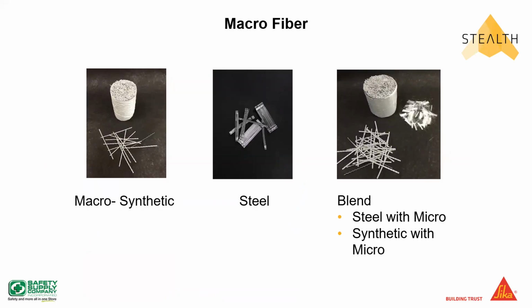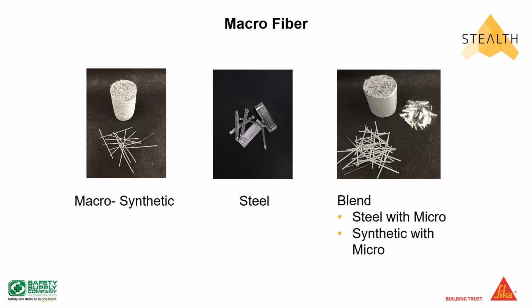So, okay, going back to talking about the macro synthetic, the steel, the blended. If you notice there, the picture on the left and the picture on the right, you see what we refer to as a puck. I sent a sample of a puck. I don't know if they got there in time. They should have, but I sent 2 glass jars.